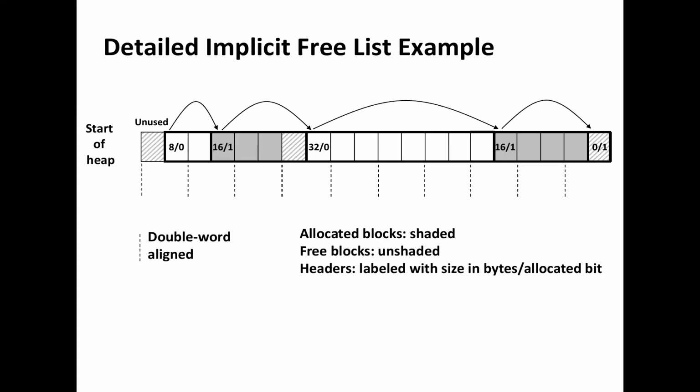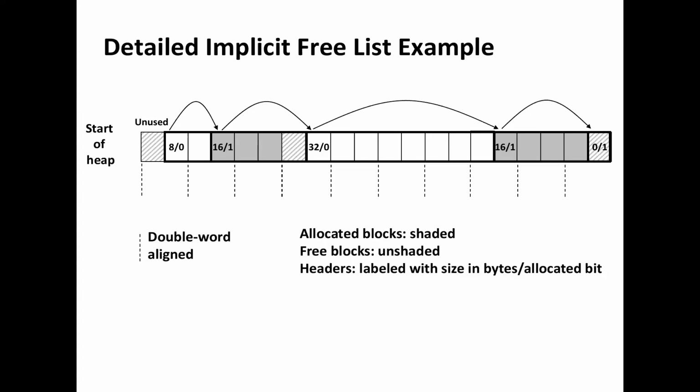So then the next word is going to be the header. So now after the header, it's again double word aligned, right? So then we have payload. Let's say we have a payload of, like in this case, the word size is 4. So the payload of 4 bytes plus the header of 4 bytes, the total is 8 bytes. So remember, the header keeps track of both payload and header size, right?